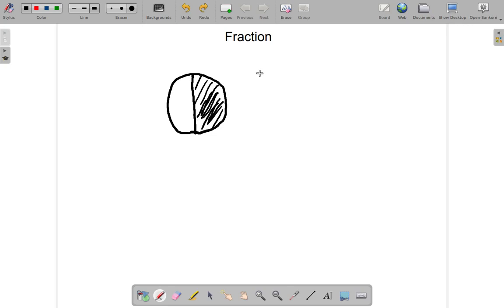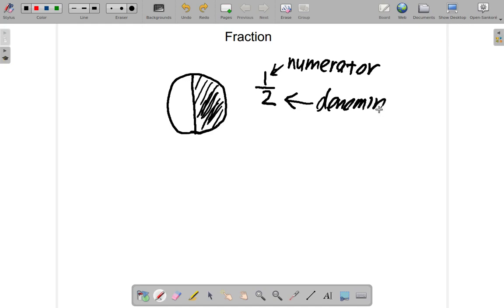The fraction I would use to represent it would be 1 divided by 2, where this 1 is called the numerator and the 2 is called the denominator.